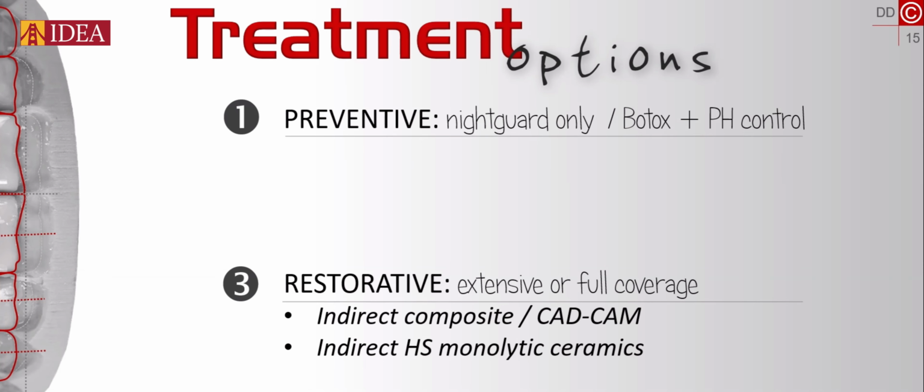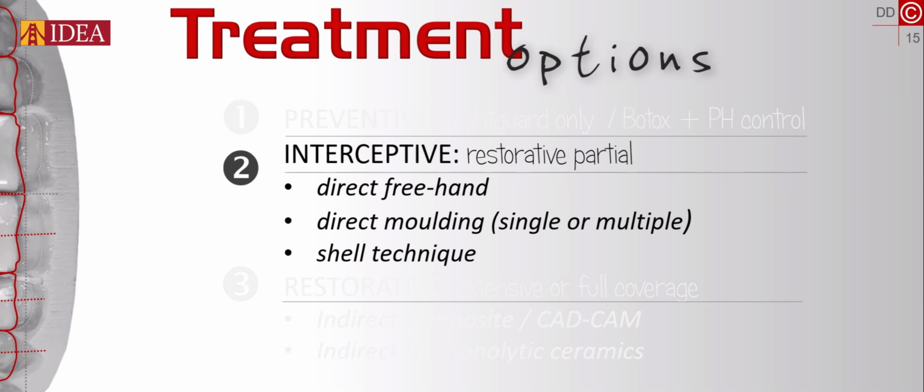So restorative involves extensive or full coverage of occlusal surface or palatal or facial using indirect composite, CAD/CAM, and high-strength monolithic ceramics in general. And in between, we have this group of interceptive protocols which make use of composite as the main biomaterial. And we can use composite in different ways: direct freehand, direct molding, single molding, or multiple molding, or the shell technique, which is a molding technique used in the lab.